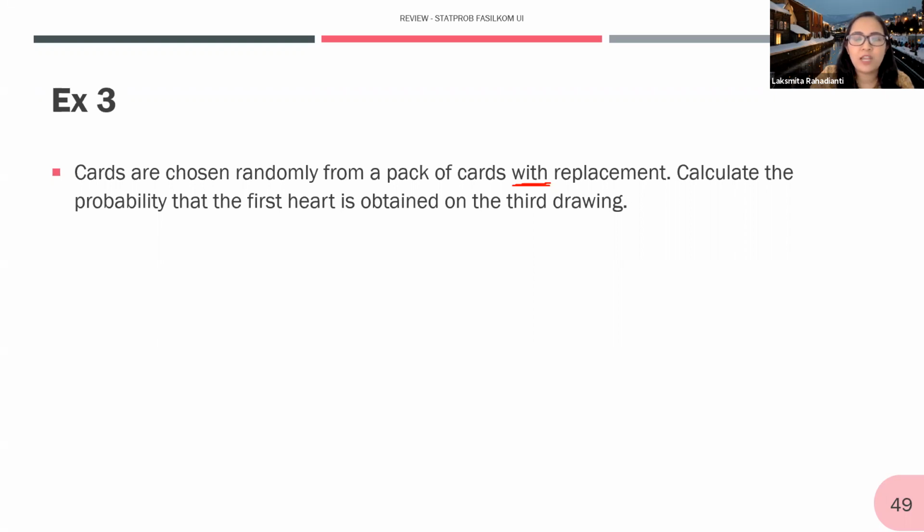Any question? Any questions or any guesses as to which one this is? I underlined an important keyword.